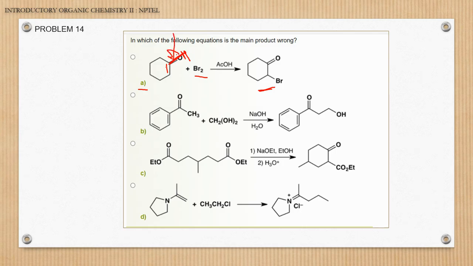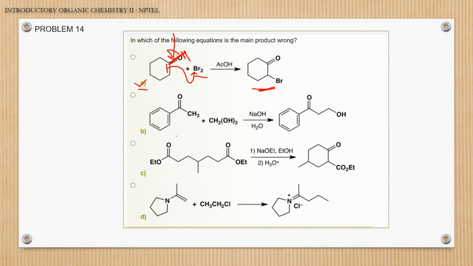It will come down and attack your bromine atom. Br minus will knock out to give you this alpha bromo cyclohexanone. So is it clear how the mechanism is going? Now tell me, is it right or not? Right. So this particular outcome is right.